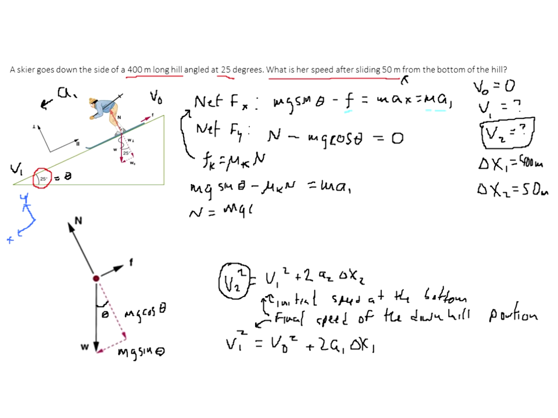So n equals mg cosine theta, and we can plug that into this, so we get mg sine theta minus mu sub k times mg cosine theta equals m a1.